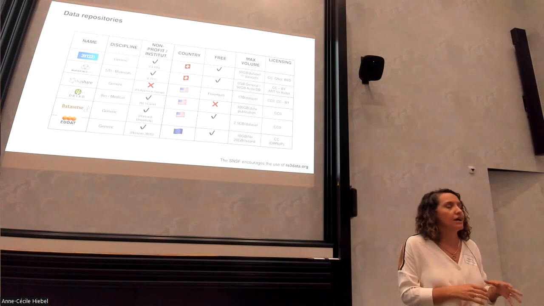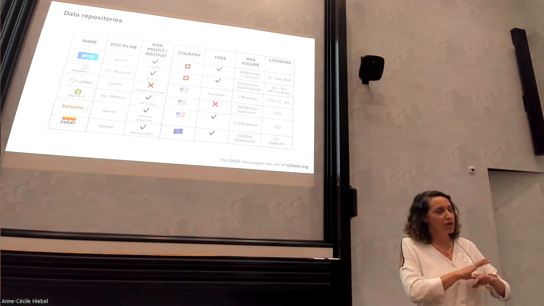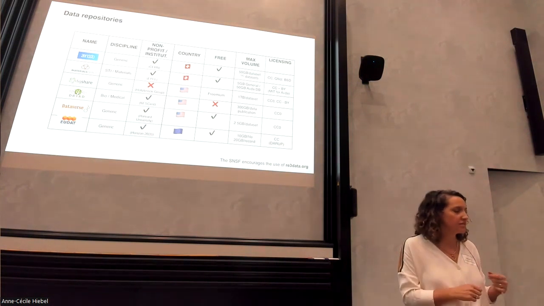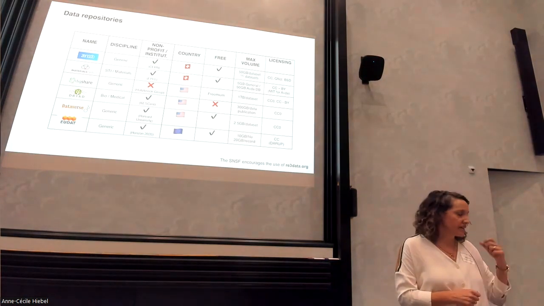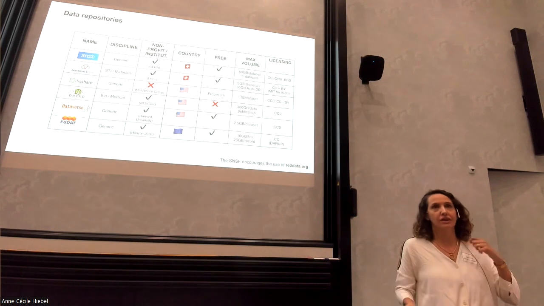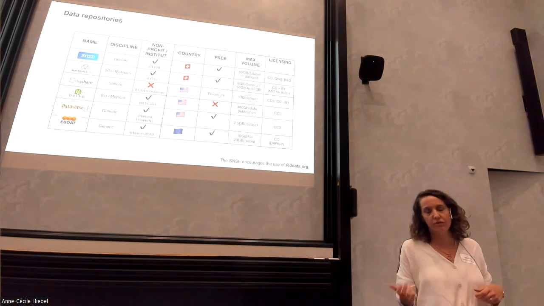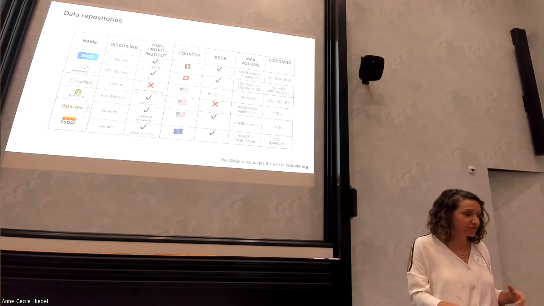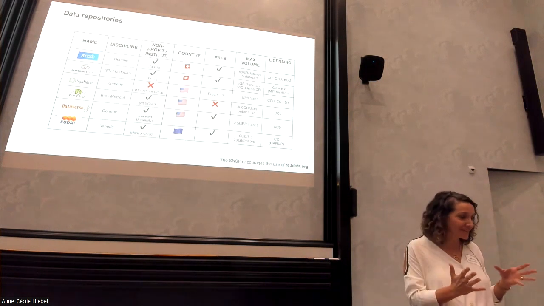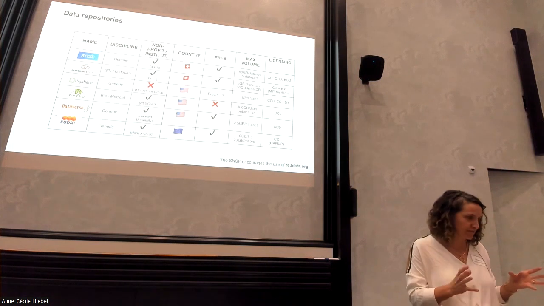So keep in mind that. We have a lot of types like discipline data repositories. We have generic ones, international, national, and then we have institutional repositories. So the availability of data repositories is huge. So we need to be intelligent on the way we choose our repository.